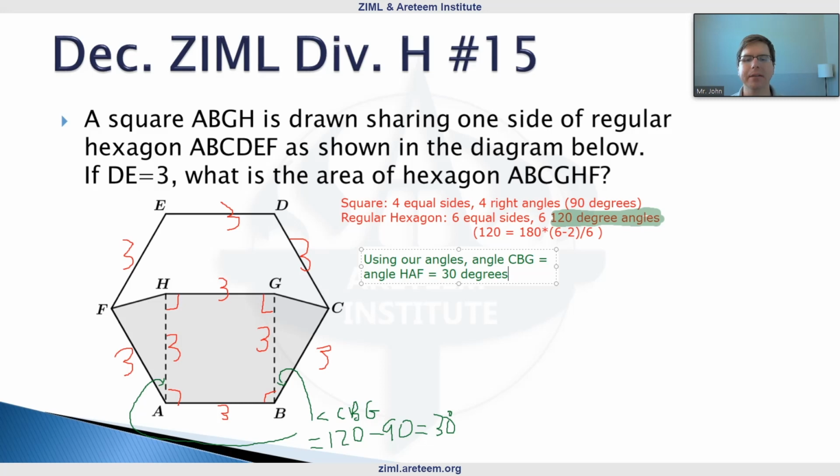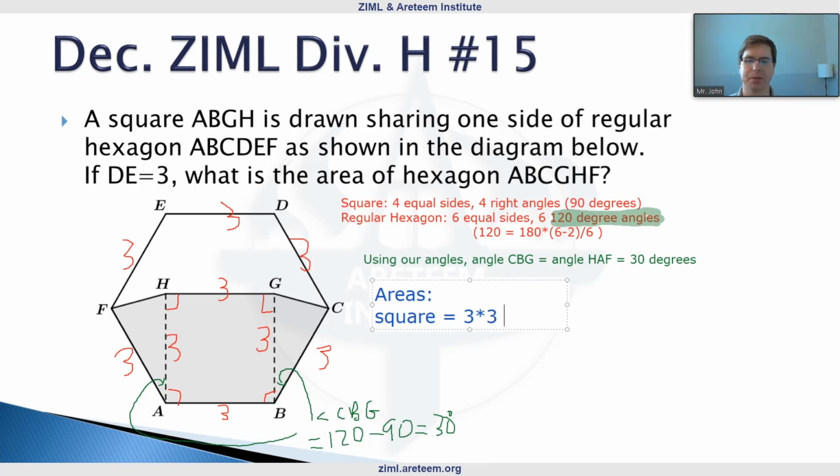So now we have all of the information we need about our square and our two triangles as well. So now let's start putting it together. Now, you probably all know 1/2 base times height. We already used that for the triangle. What about our different formulas for the areas? So the square has an area of 3 times 3 equals 9.